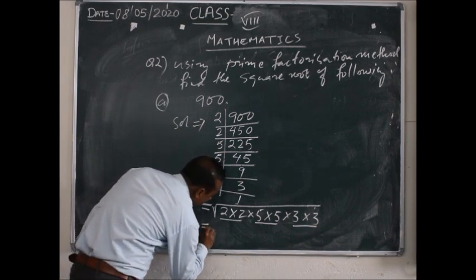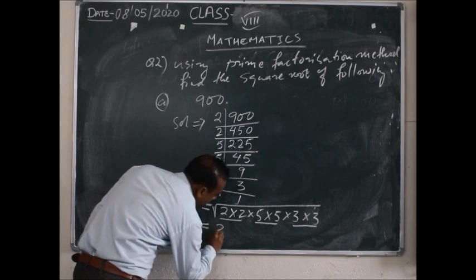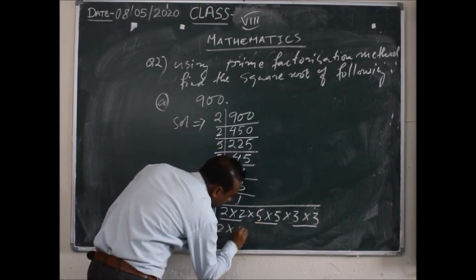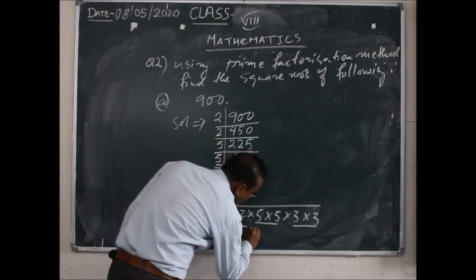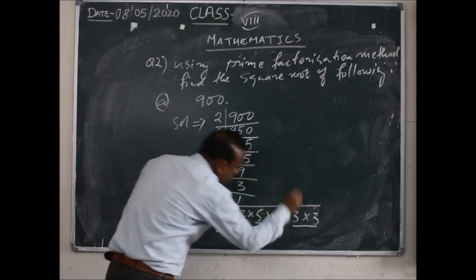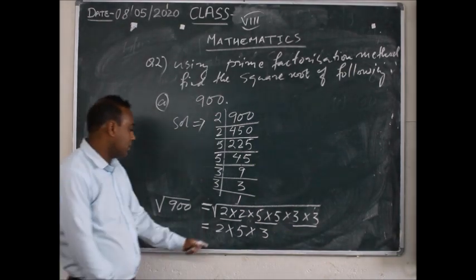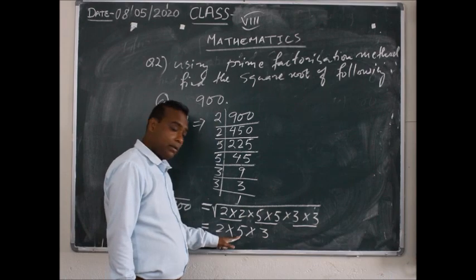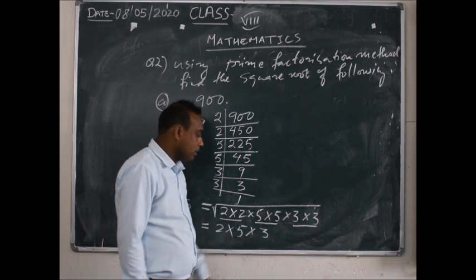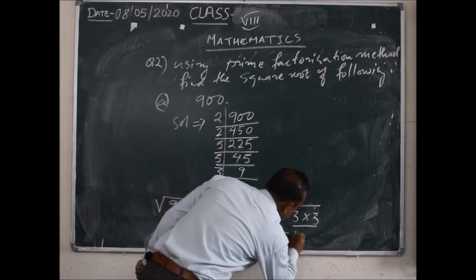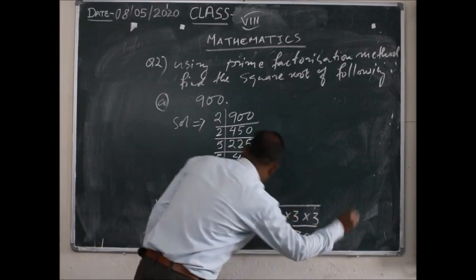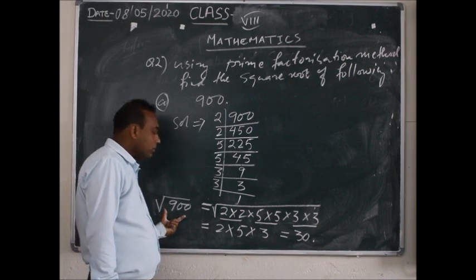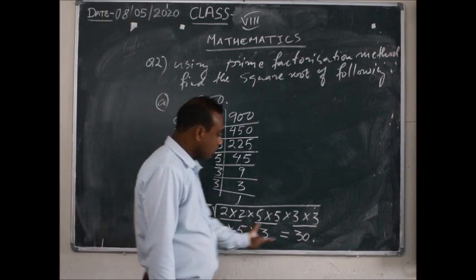One 2 will come here, multiplied with one 5 that will come down here, and then again multiplied with one 3. Now let us multiply this. 2 into 5 is 10, 10 into 3 is 30. So the square root is 30. You can see we got the square root of 900 is equal to 30.